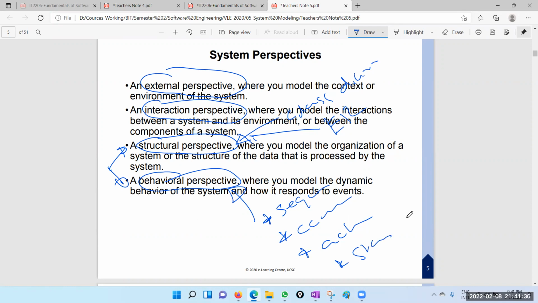You will learn each and every diagram in semester 3. And this is a different thing, the external way: how your system is looked at by other systems, or the interaction perspective. How do you look at it as an interconnection of the system and the environment? So likewise, you can look at it in different ways.